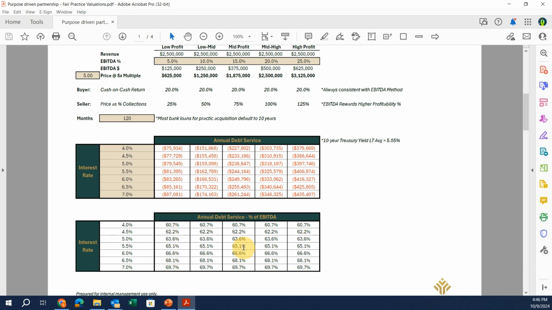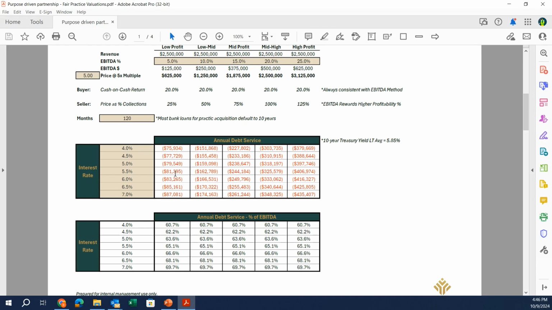That's pretty consistent. This matrix represents substantially different prices ranging from 600,000 to 3 million, and substantially different interest rates ranging from 4% to 7%. All of these scenarios, though, only range from 60 to 70% of the EBITDA paid towards debt service. So it's very, very consistent.